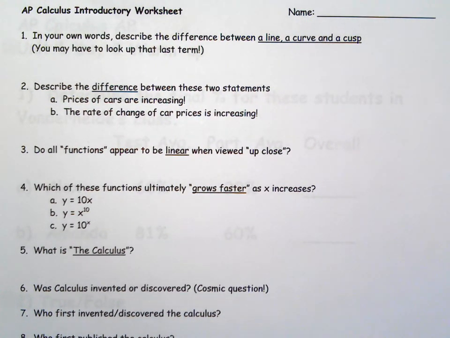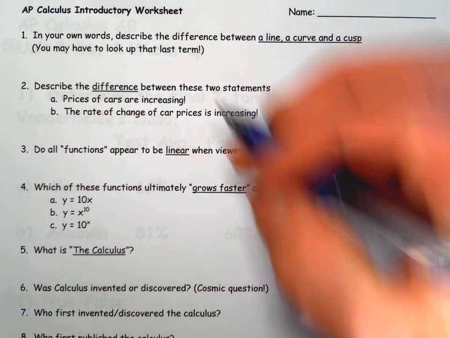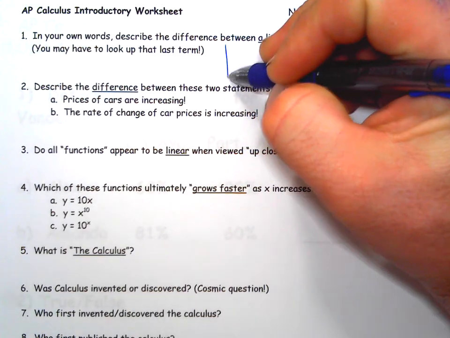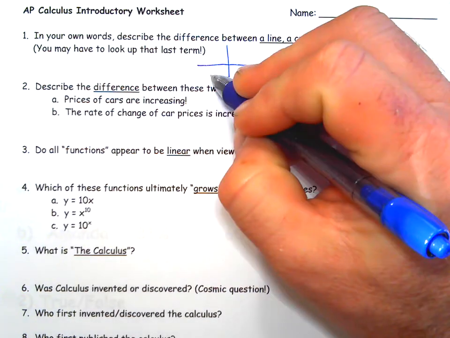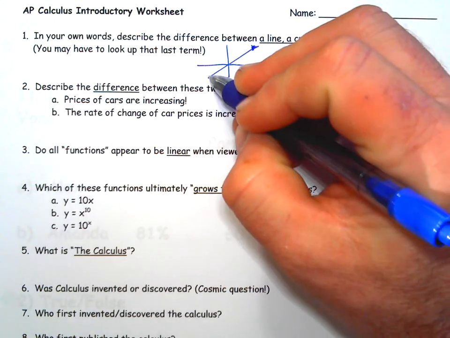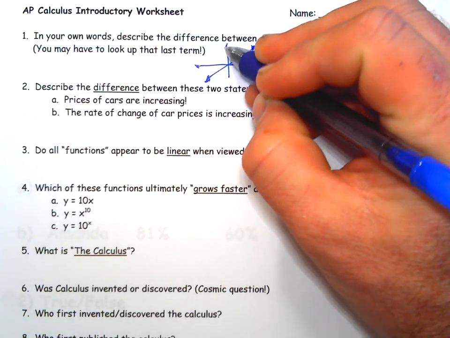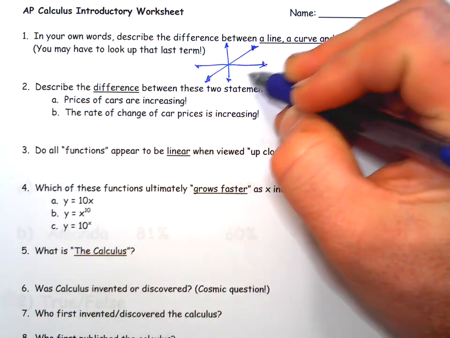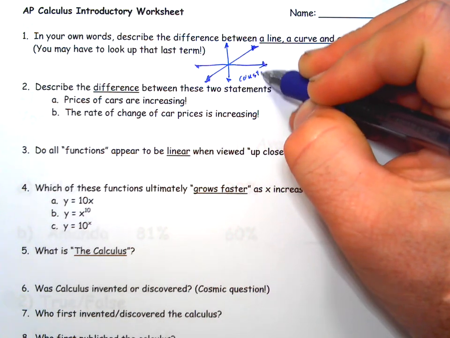So, in your own words, describe the difference between a line, a curve, and a cusp. You could describe them also by drawing a picture. So, a line has a constant slope, it goes forever, right? So, constant slope.